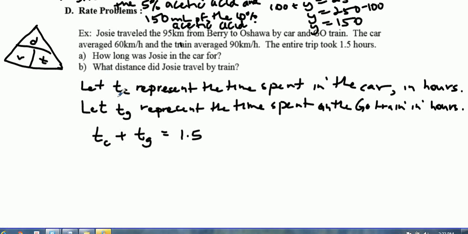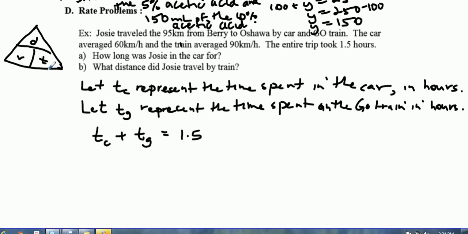Now how can I use these variables to come up with something else? Like, what else do I know? I know that she traveled 95 kilometers, but I don't know what the distance was for each. But I do know what the speed was for each. So the speed was 60 kilometers an hour and the train was 90 kilometers an hour. So if I know the velocity, I can come up with the formula for that.